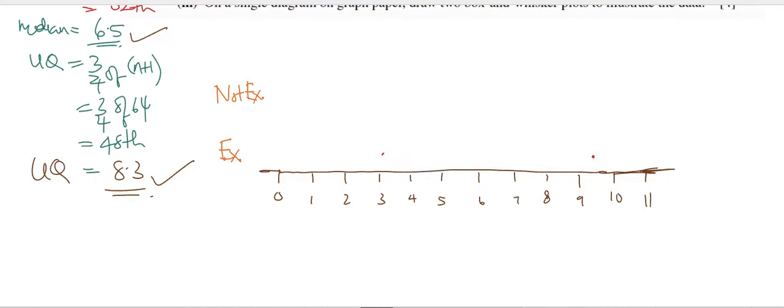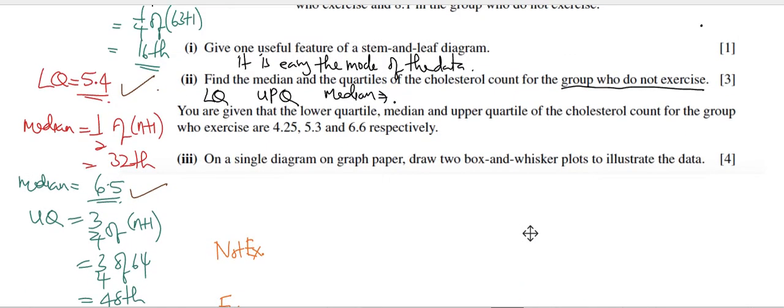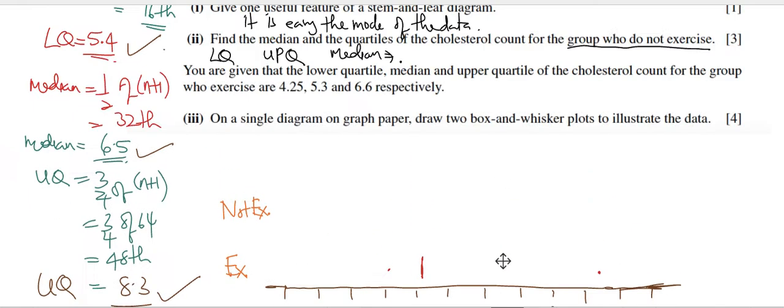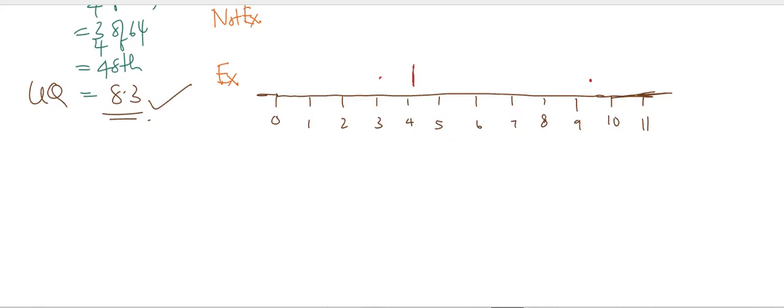And lower quartile. Okay, what is the lower quartile? 4.25. Okay, approximately that's 4.5, maybe 4.3, 4.25, maybe somewhere here. So I'm going to draw a straight line. Okay, so 4.25. And then I have the median as 5.3 and upper quartile 6.6. Median 5.3. So that's 5.5, maybe 5.3 somewhere here.